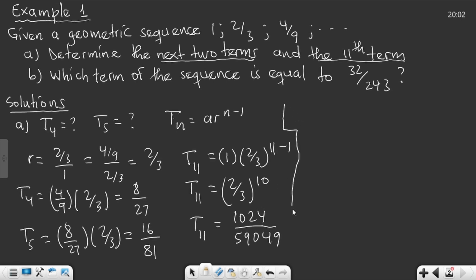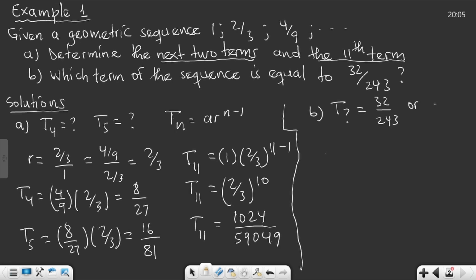Now let's move on to question B. Okay, question B. Which term of the sequence is equal to 32/243? So the question is asking us for T-what is equal to 32/243.